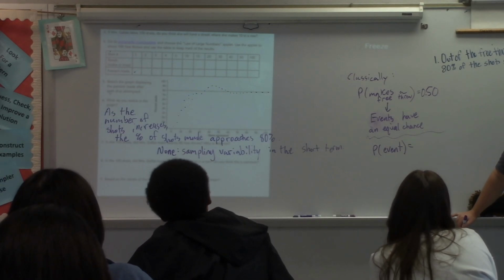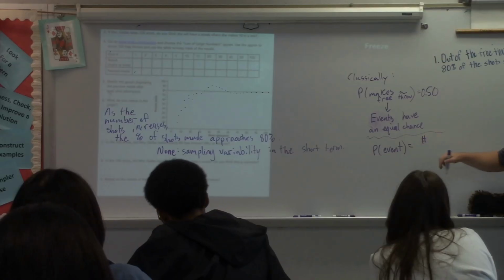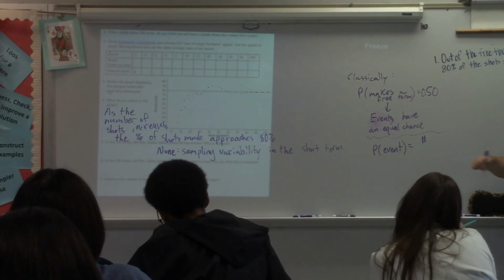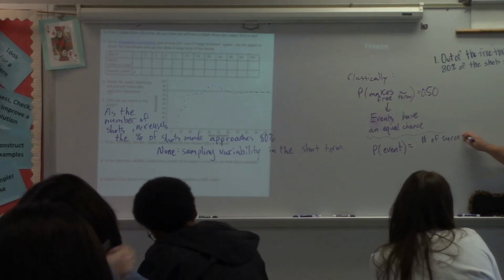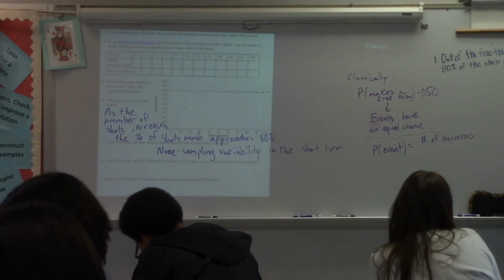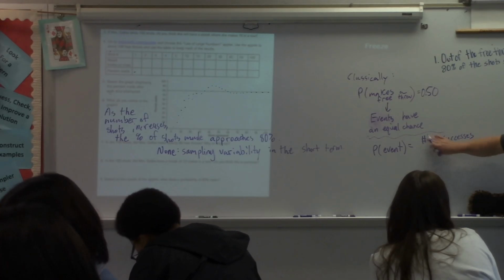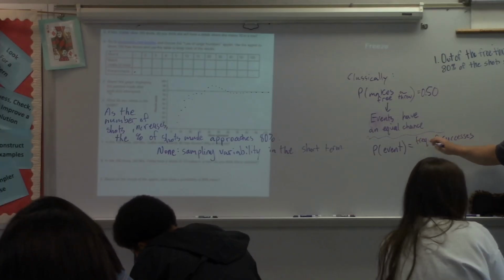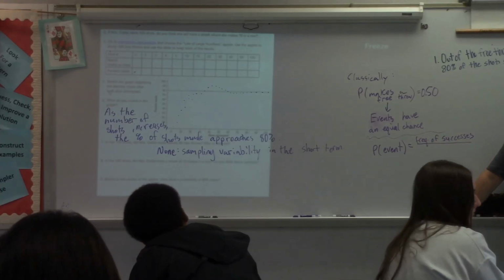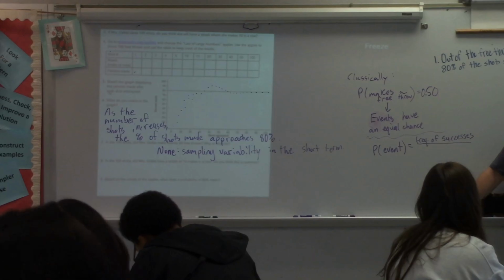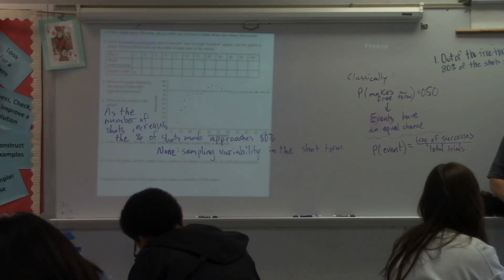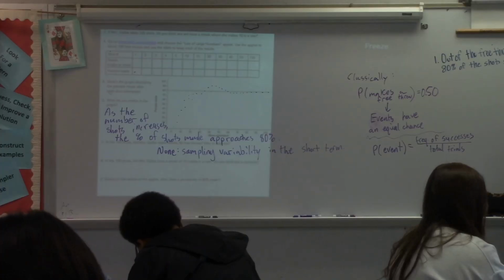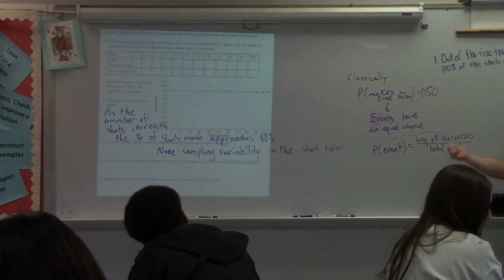How many did she make? So that's the number of successes, right? Let's say the frequency of successes divided by the number of attempts, so total trials. But this is also why it's important: can we only look at the short term?